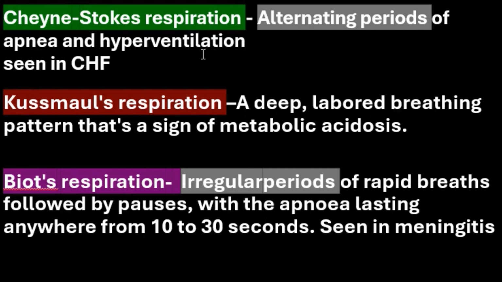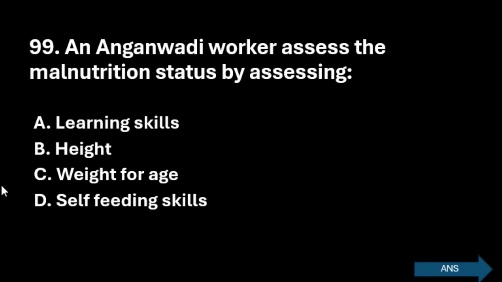In Cheyne-Stokes, alternating periods of apnea and hyperventilation are seen. Biot's respiration is seen in meningitis. So Cheyne-Stokes is in CHF, Kussmaul is in metabolic acidosis, and Biot's respiration is seen in meningitis.